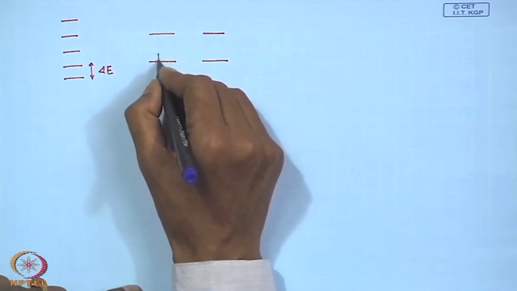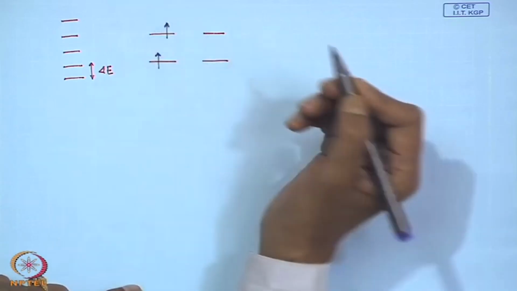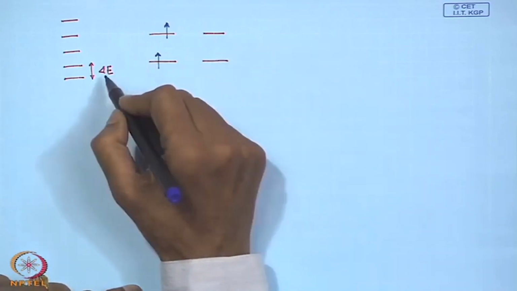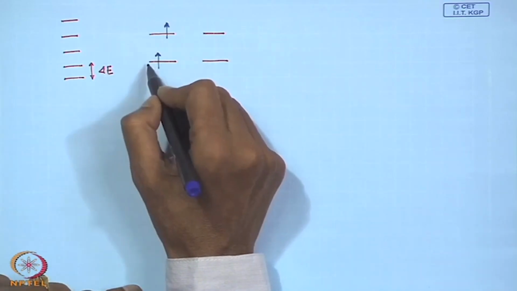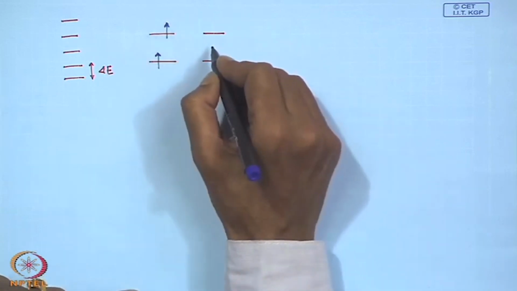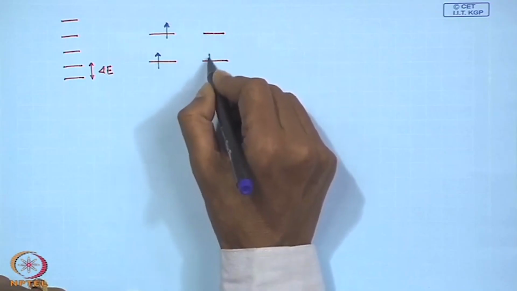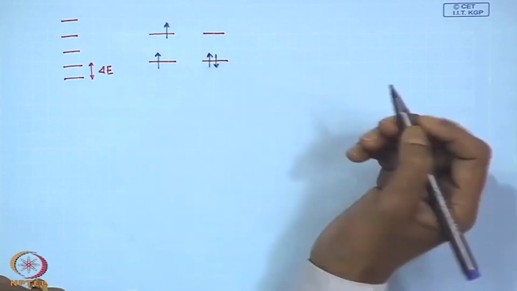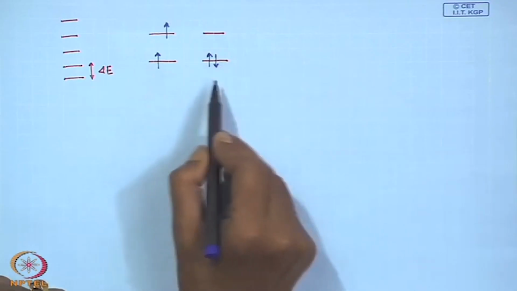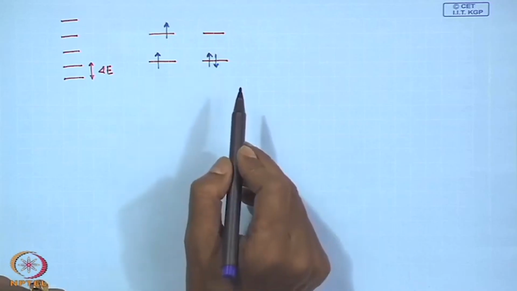So in one case, for ferromagnetic interactions, we can have the two unpaired electrons in two different orbitals, and this delta E value is small, so that we can push the second electron to the other level. But when this particular value is large, we basically get the pairing of these two electrons. So the first one can be considered as a ferromagnetic interaction, and this can be considered as antiferromagnetic interaction.